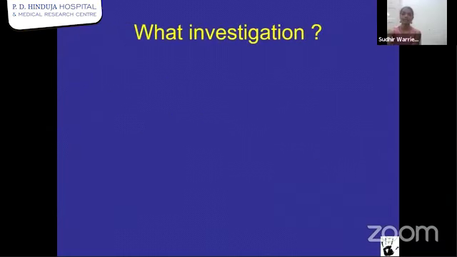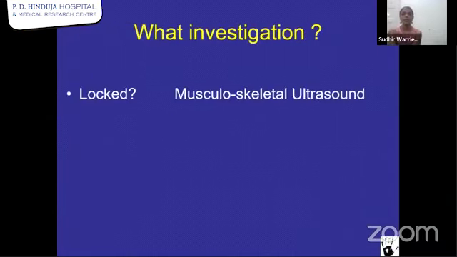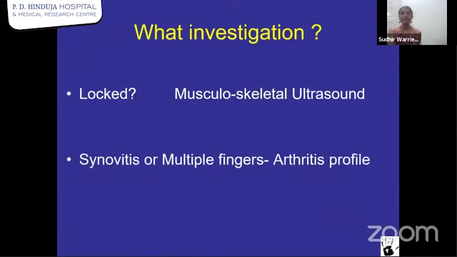So what are the investigations that we need to do? Suppose there's a locked trigger finger, then the musculoskeletal ultrasound is one of the best tests to diagnose this. And in case there are multiple fingers involved or we suspect synovitis, then get an arthritis profile done to rule out any kind of arthritis.